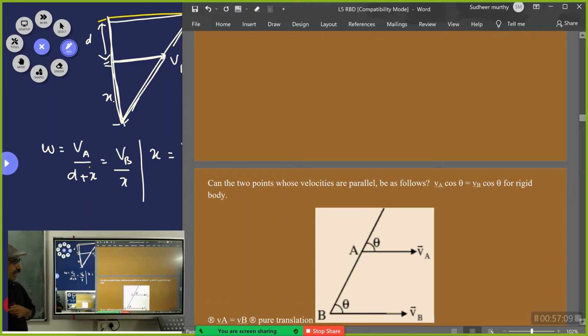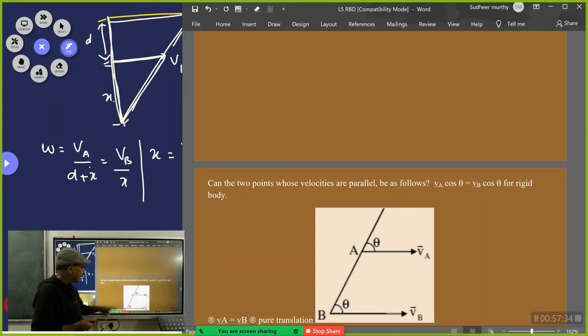So here, VA cos theta is equal to VB cos theta for rigid bodies. Is it correct? No, sir. Why? Sir, if we draw a line perpendicular to VA and VB, they will be parallel and will never intersect, so we will never get the center.